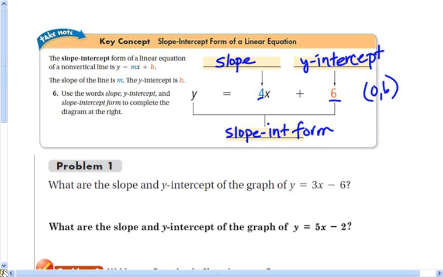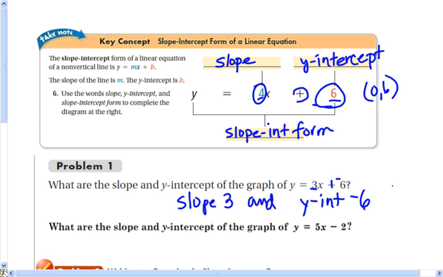So if we think about those values, 4 being the slope, 6 being the y-intercept, if we look at the equation in problem 1, this 3 is the coefficient in the equation, and that is the slope. So our slope is 3. And our y-intercept is whatever we're adding on, and here we're adding 6. This one we have to change to adding -6 to see that the y-intercept is -6.